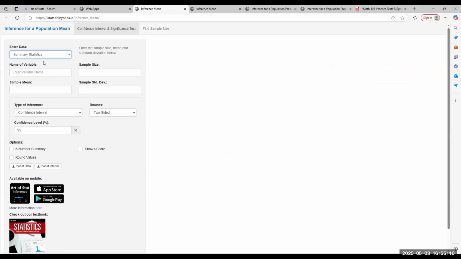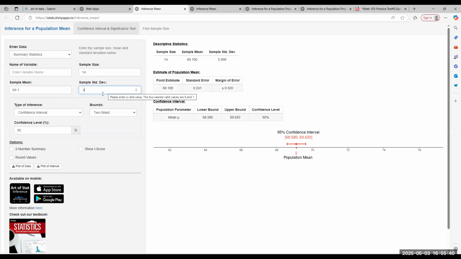So the summary statistics, they ask for the sample size. The sample size is 14. Then we need a sample mean, 69.1. Then we need the sample standard deviation. It's 0.9.